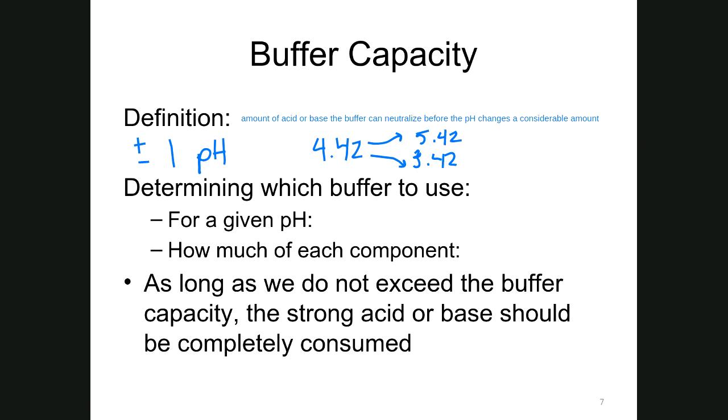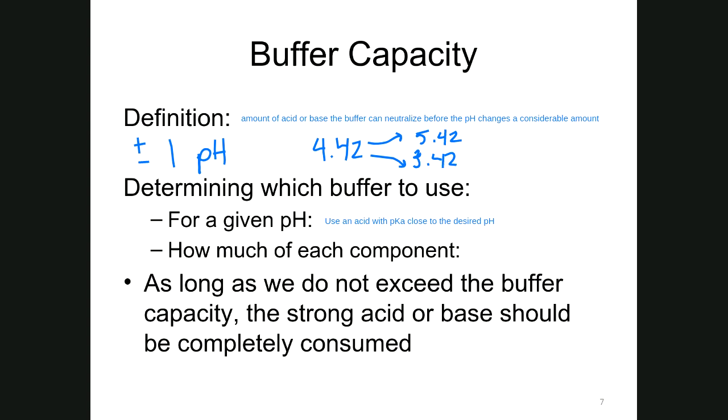How do we do that? Well, you want to use an acid with a pKa close to the desired pH. So we see that the pKa for benzoic acid a few slides back was 4.2. So benzoic acid could be a really good buffer if you wanted the pH to be 4, for instance.